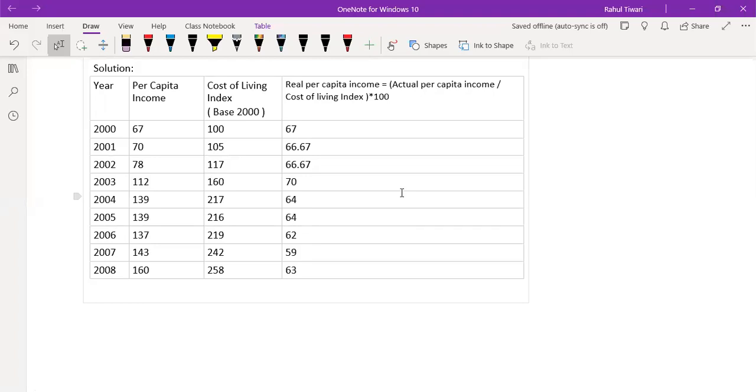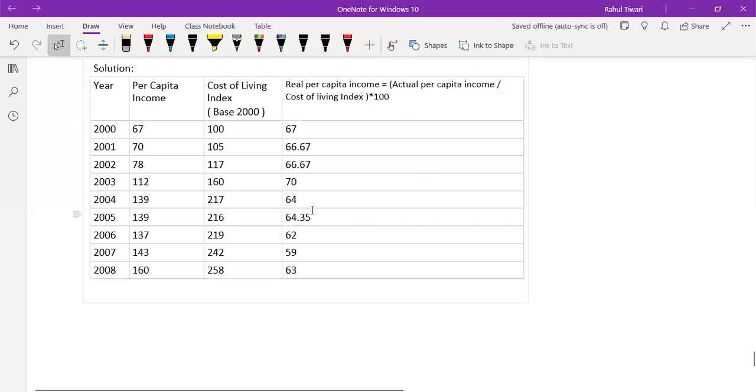Yes beta बोलो. 2005 का आएगा 64.35. 2005 का क्या आएगा? हाँ 64.35. Yes हो सकता. Yes correct. Yeah, they have assumed approximately. Fine.